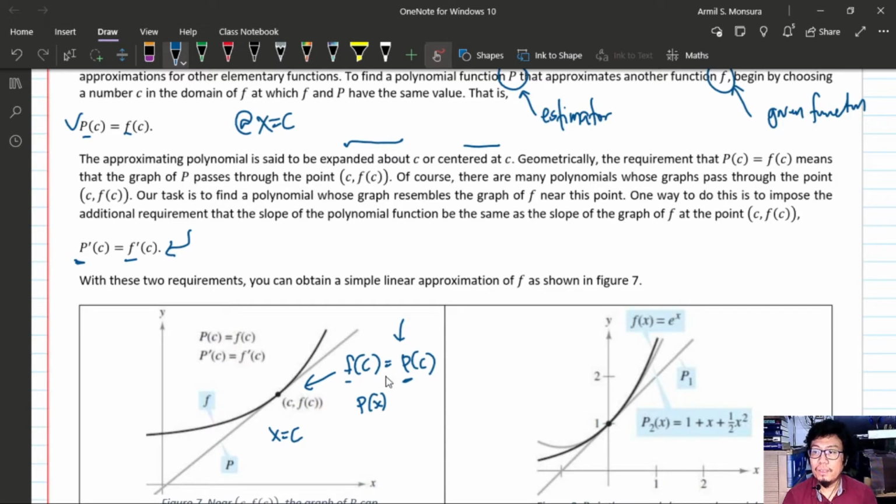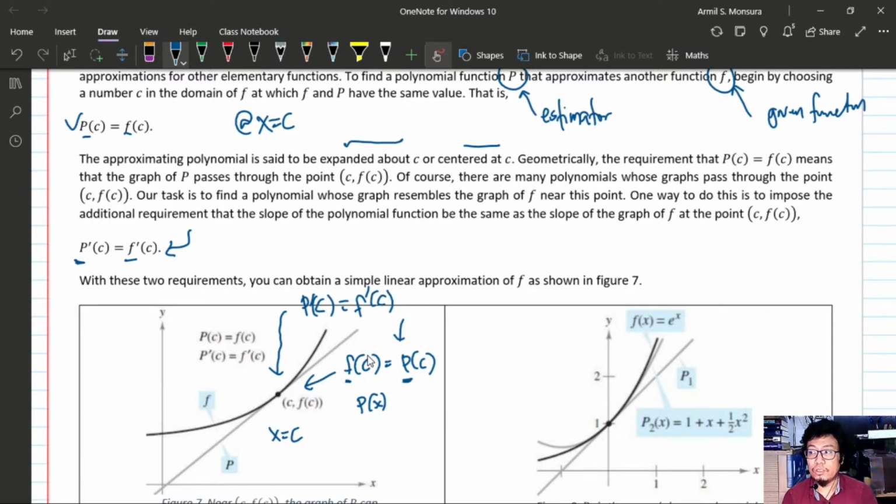So aside from having your approximating polynomial assume the same value as that of your given function, we would also like that at this very point, the slope of your approximating polynomial, that is the first derivative of your polynomial at C, equals the slope of your given function also at that same point.